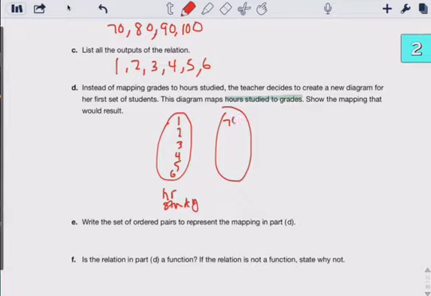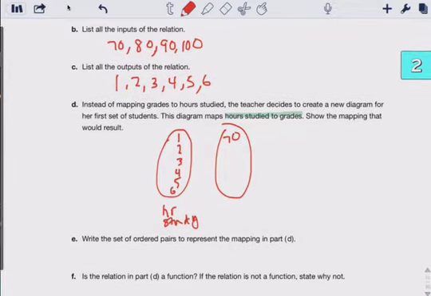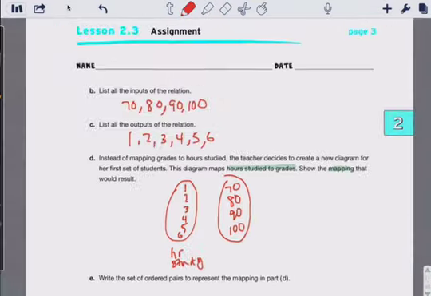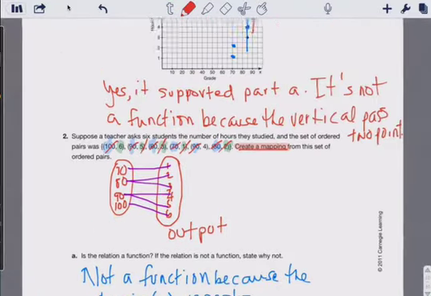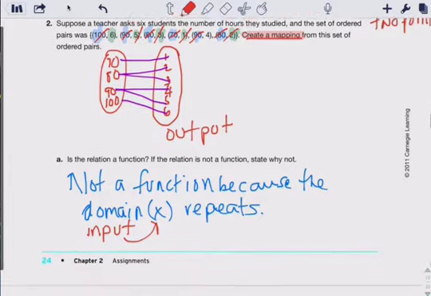Okay, it's 70. Obviously, we switch the input and output. 80, 90, and 100. Show the mapping that would result. This is the mapping. Okay, let's go back to our ordered pair.